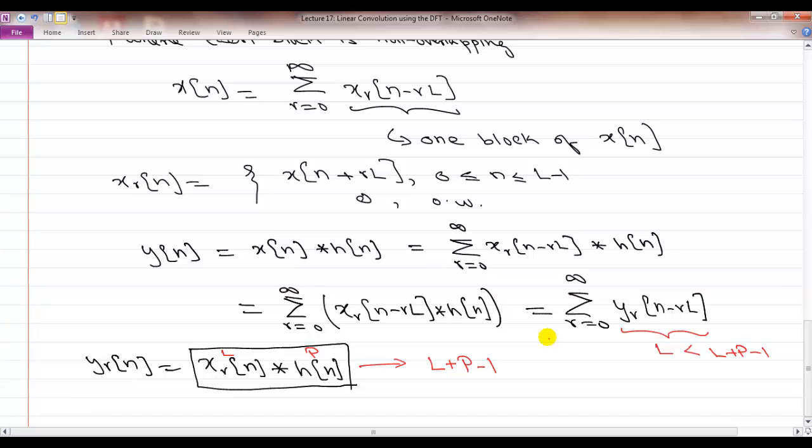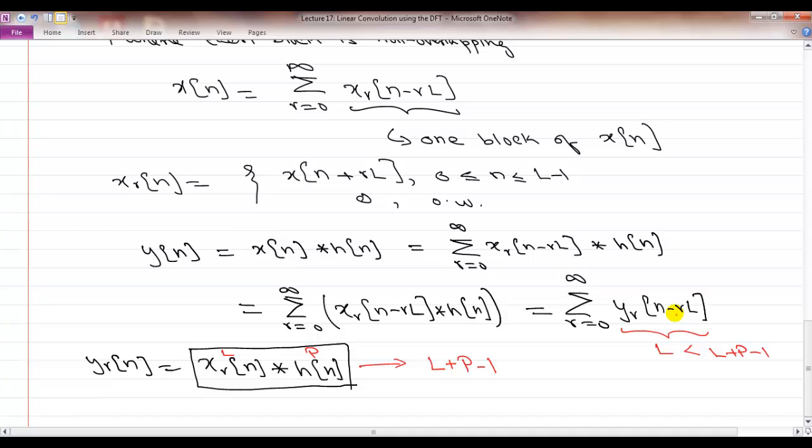So that means that if you want to produce the same output as if you are processing the whole thing together, you cannot say, let me take one block, linearly convolve it and output the whole of it, and then take the other block and linearly convolve that. Rather, you really have to add those blocks after every L samples in the appropriate fashion.